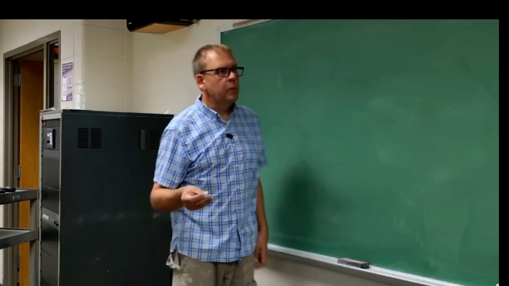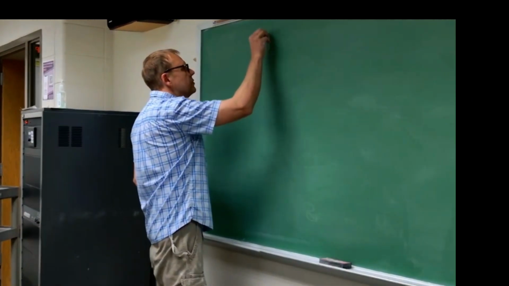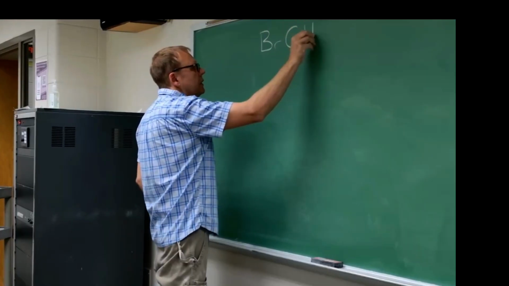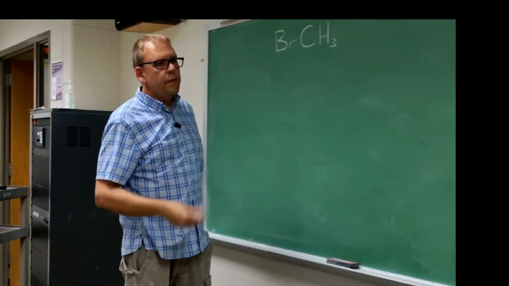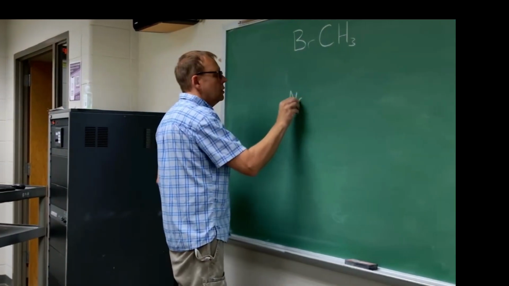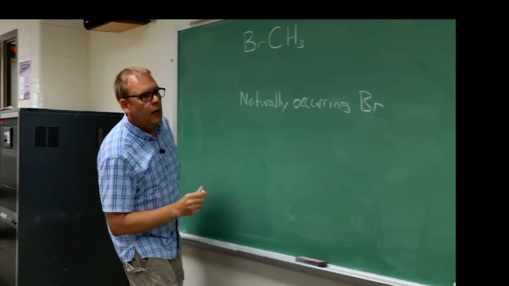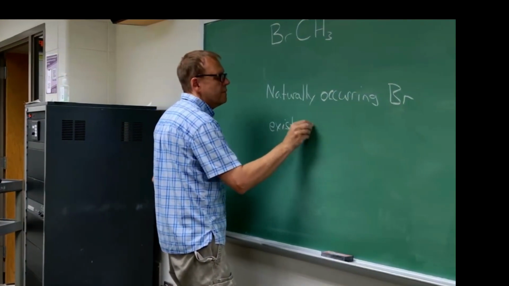All right, let's look at an example that contains bromine. So we'll do the bromine version of that molecule that we looked at just previously, BrCH3. The thing about bromine, so naturally occurring bromine, exists as two isotopes.